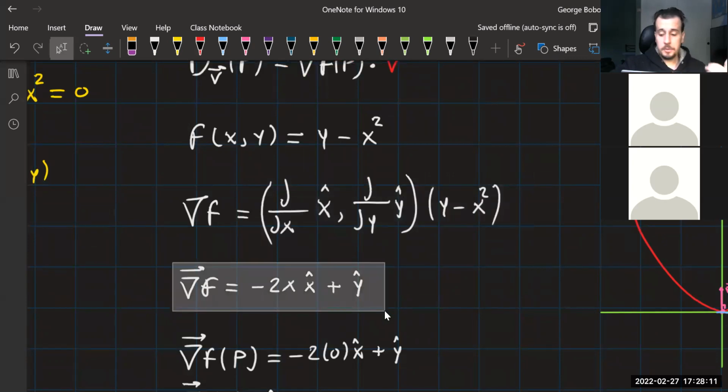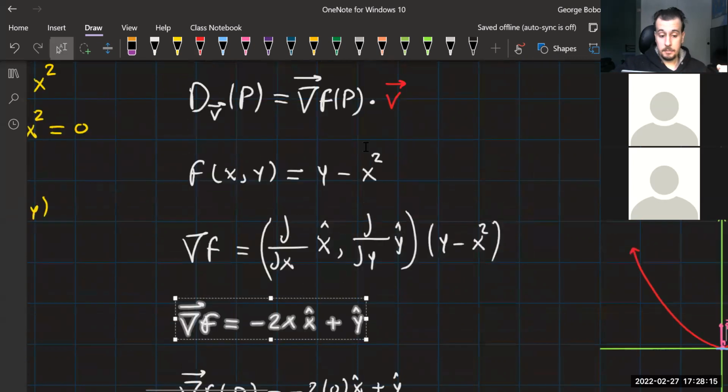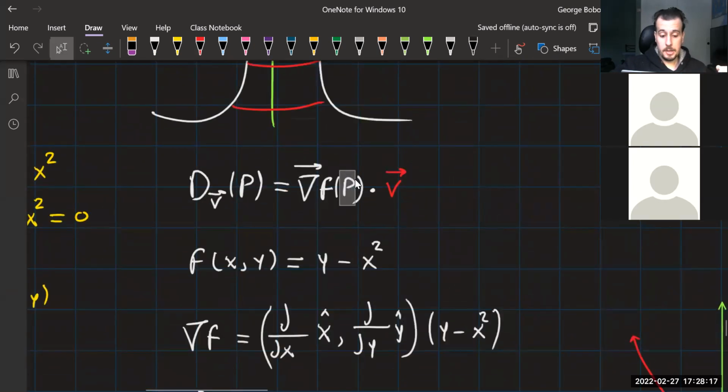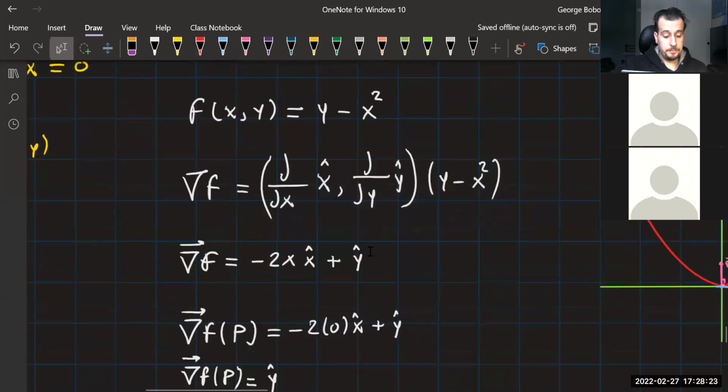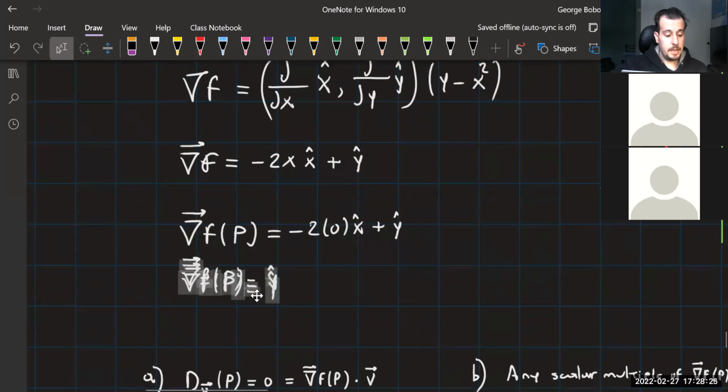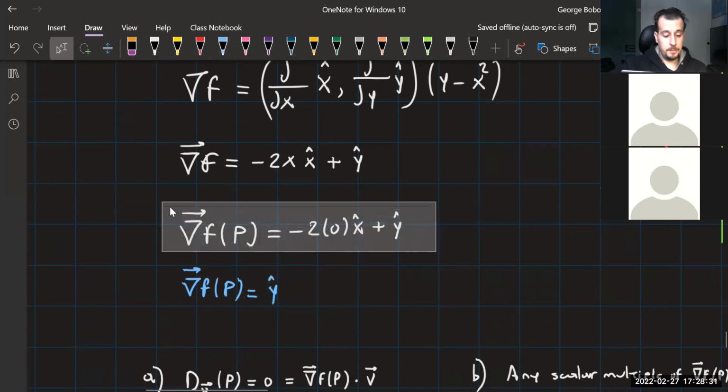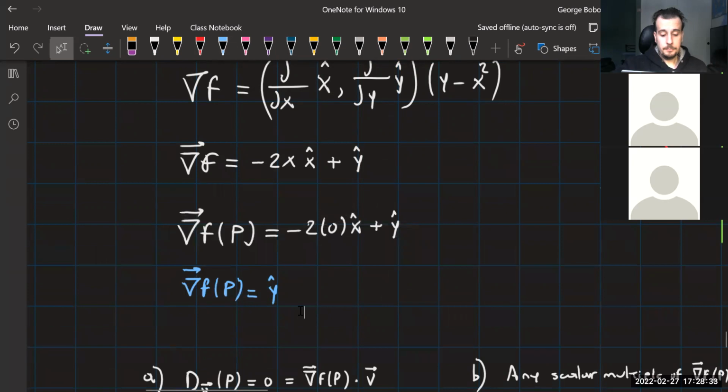Cool. But we don't want the gradient in general. We want it at a specific point, at 0, 0. So I plug the point 0, 0 into my gradient function, and that gets me only a y hat vector. Literally just the unit vector y hat. So does y hat equal 1 then?